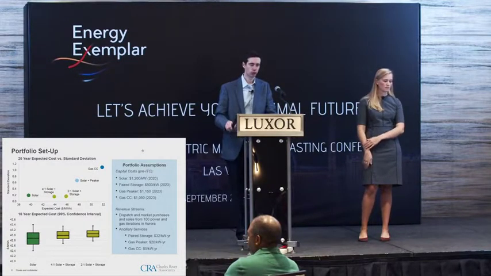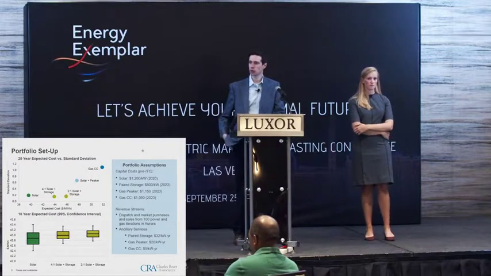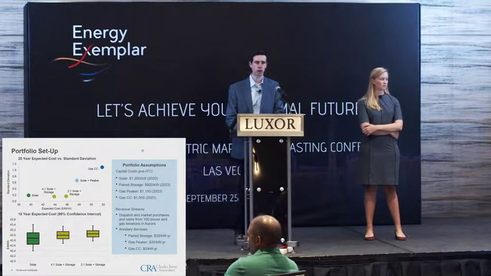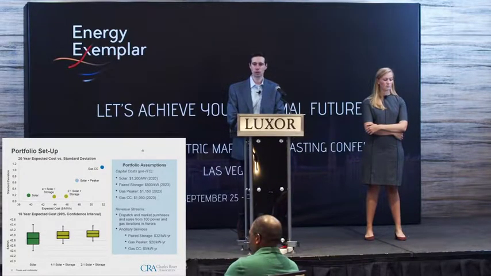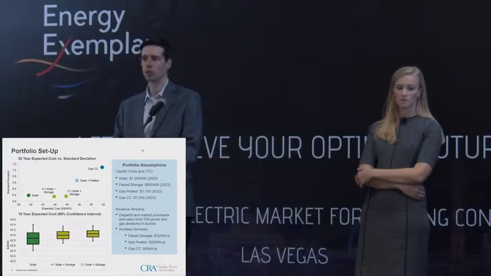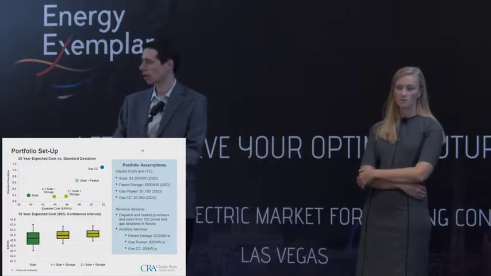So before I touch on some of the key results and findings, just a few more assumptions for clarity on this case study, and obviously there are risks and uncertainties on several of these items that you may be interested in testing, whether it be from a cost perspective or some of the other commodity price forecasts and uncertainties that Claire laid out.